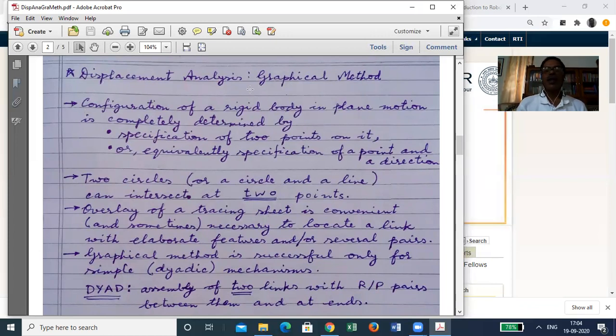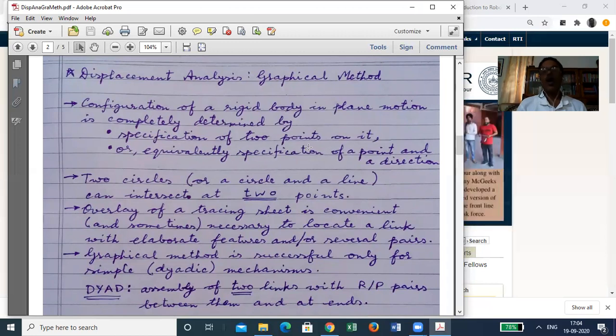Configuration of a rigid body in plane motion is completely determined by specification of 2 points on it or specification of 1 point and a direction. Okay.